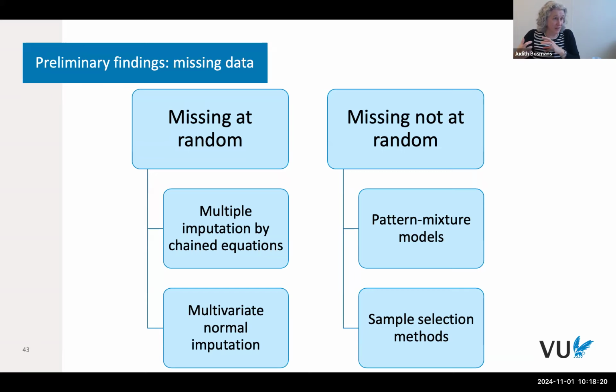Again, you have to have quite a lot of data to do that, but it's also very complicated because you have to specify two models, an outcome model and a model to actually model the missing data mechanism. And then you link them through correlated error terms. So it's a pretty complicated type of analysis.